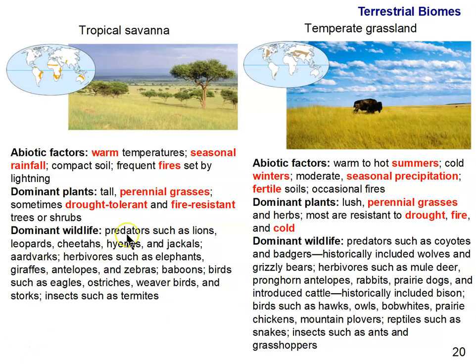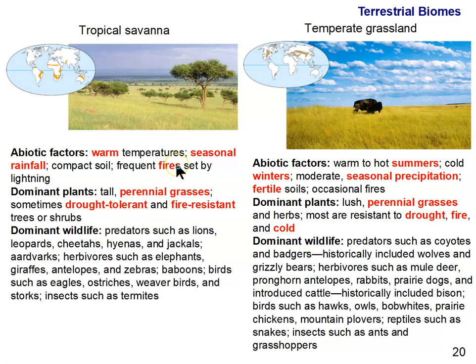So here we have the tropical savanna and the temperate grassland on the same slide because they're both grasslands. And the tropical, referring to it's warm year-round, generally. Temperate, referring to there are seasons, right? So that's the biggest difference between the tropical savanna and the temperate grassland.